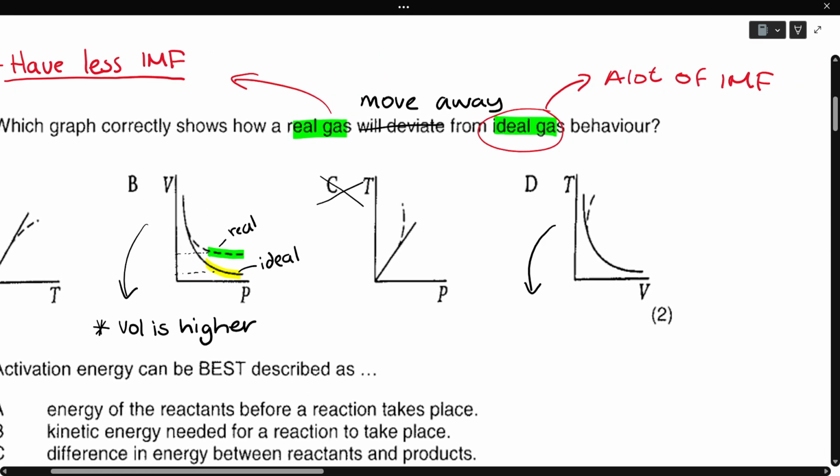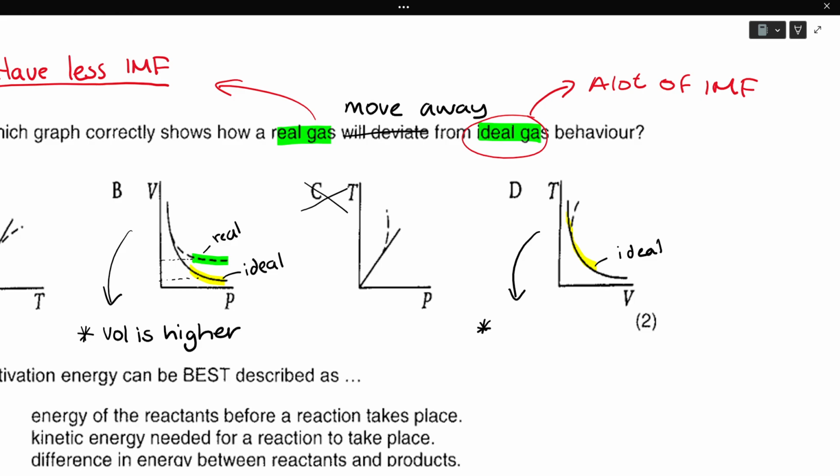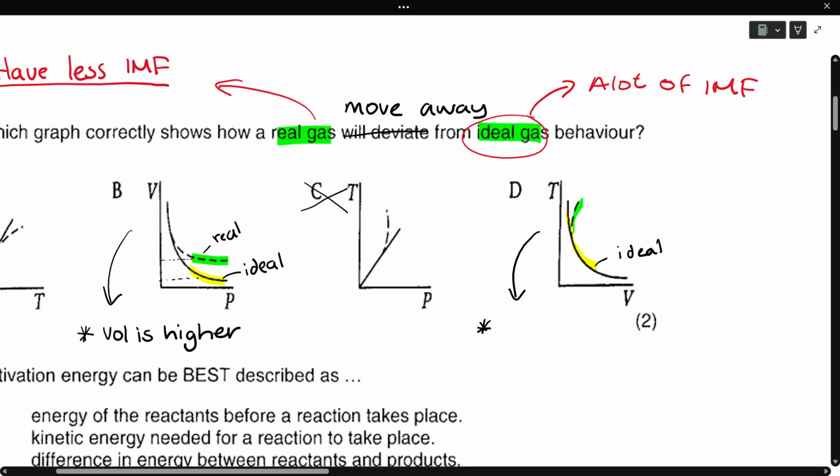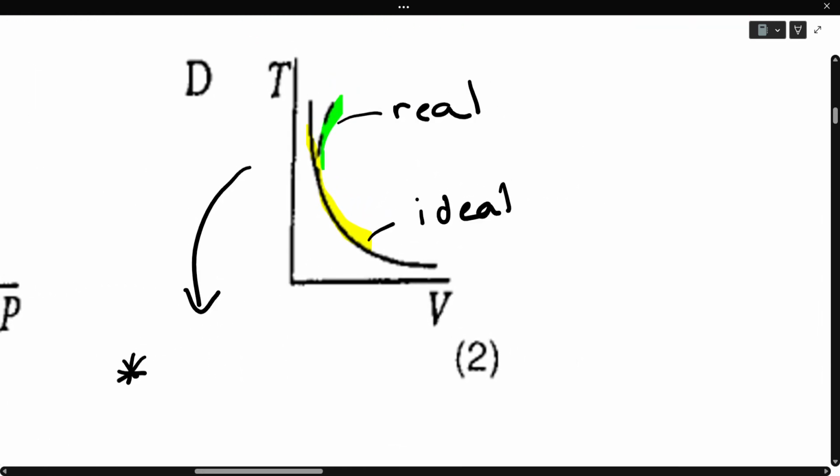Let's look at graph D. What is the difference here? So again, remember that, let's just highlight it. This right here is going to be our ideal, and our real gas is the dotted line. What is the difference between these two? I'm just going to zoom in. We can see that they have a difference in, not temperature here, but a difference in volume as well.